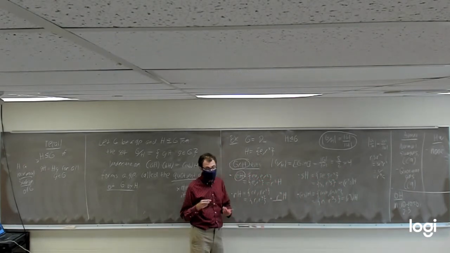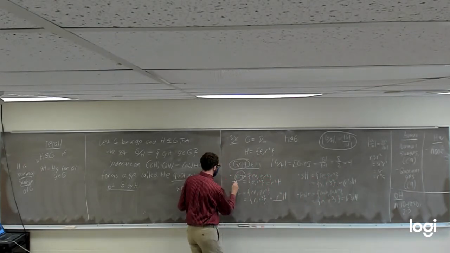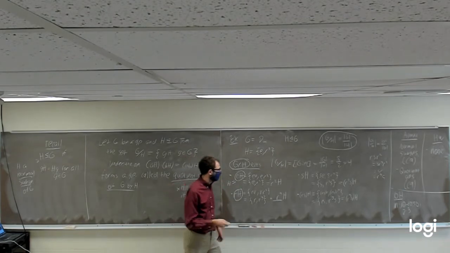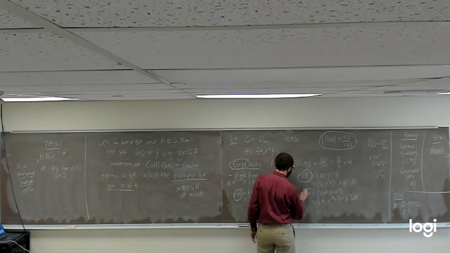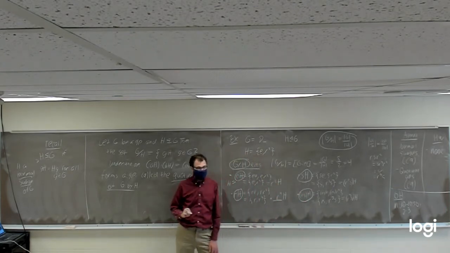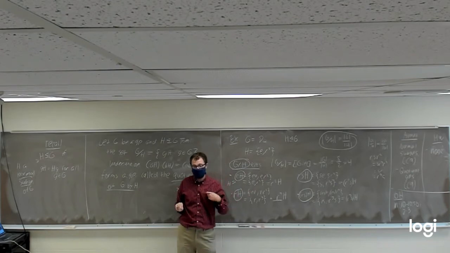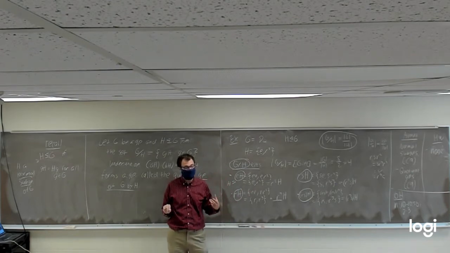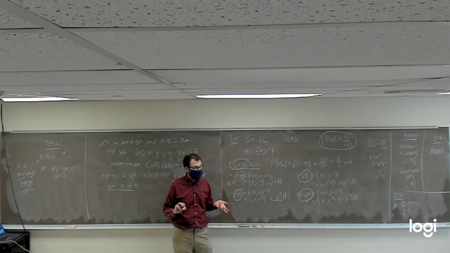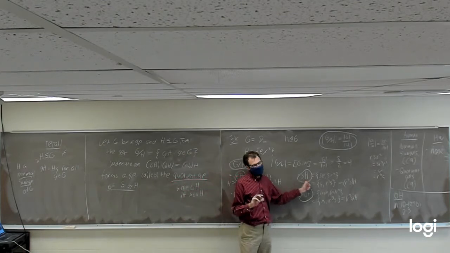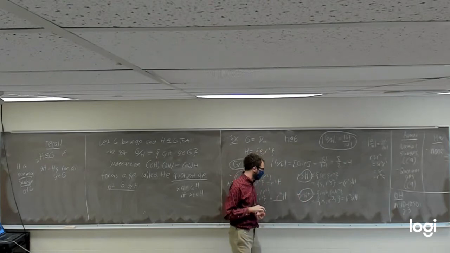H itself, which is just equal to the identity times H, little r times big H, little s times big H, and little rs times big H. We could take other elements in D4 and take the corresponding left cosets by multiplying H on the left by, say, R squared S, but that would just give us the same thing as little s times big H, so we don't need to include it more than once.